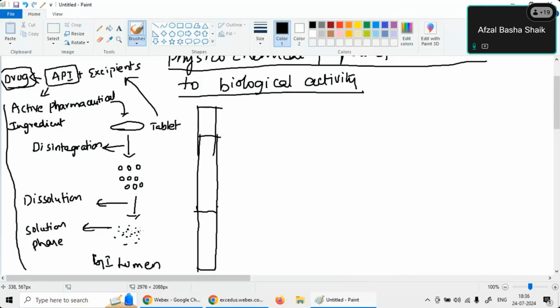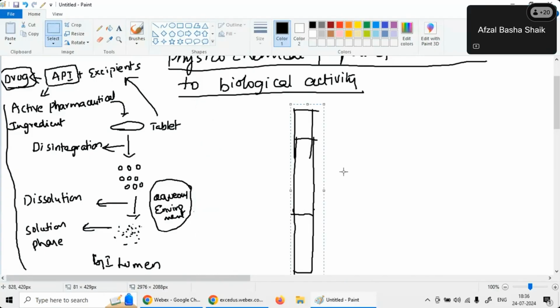So, in order to form a solubilized form, what should the drug have? What is the environment here in the gut? In the gut lumen, it is an acidic, aqueous environment. If you take overall the gastrointestinal lumen, the environment is aqueous.